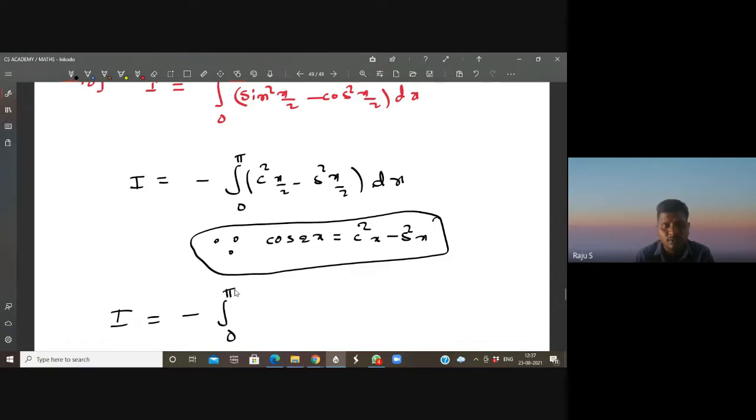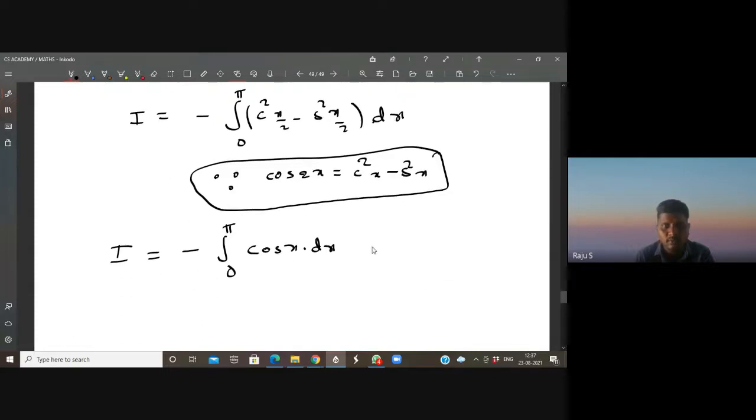Shall I write this value as cos x into dx, from 0 to pi? Cos 2x is cos square x minus sin square x, so cos x is cos square x by 2 minus sin square x by 2. Now this is clearly sin x from 0 to pi.